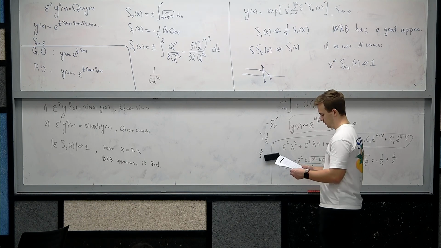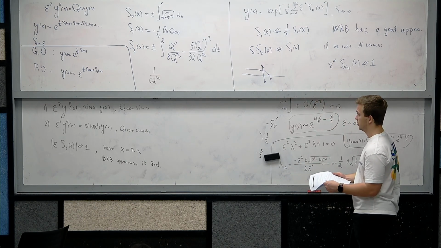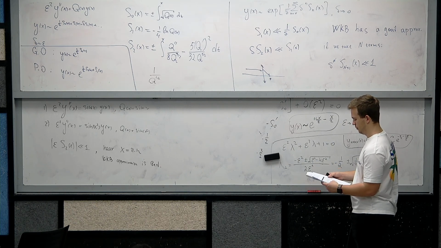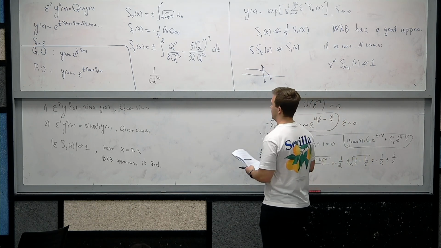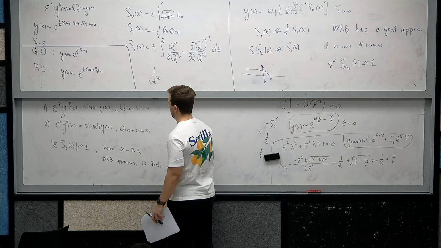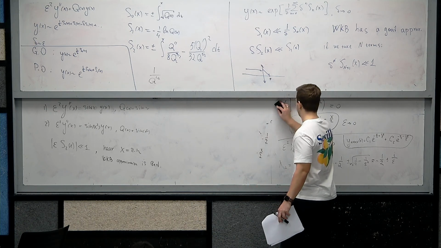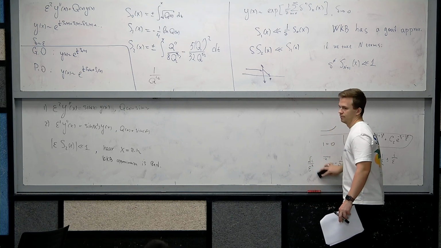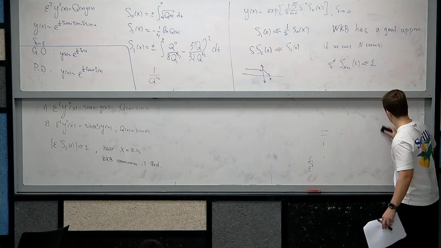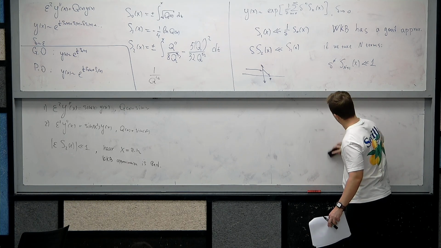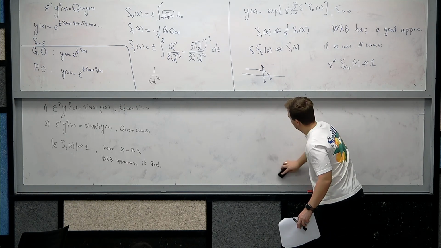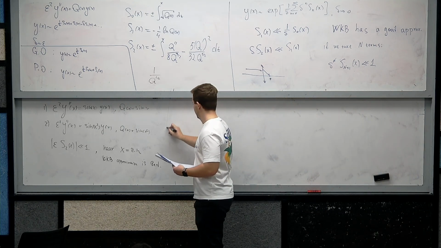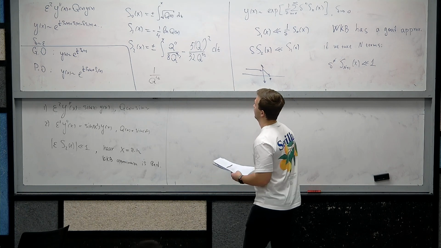The same for the second question. When x goes to infinity, WKB is not accurate because you constantly cross this forbidden point.